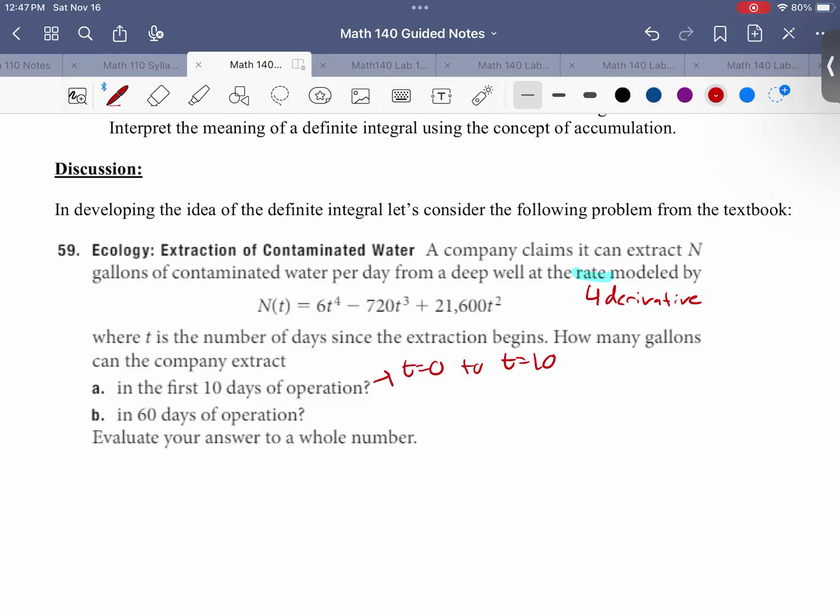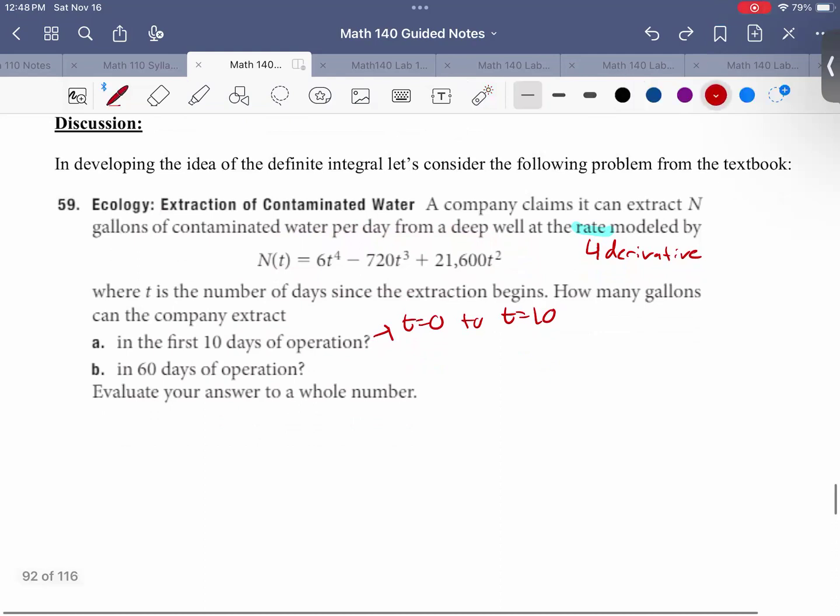So we need to accumulate how many gallons were extracted in the first 10 days. Since this function is a rate, what we need to do is integrate.